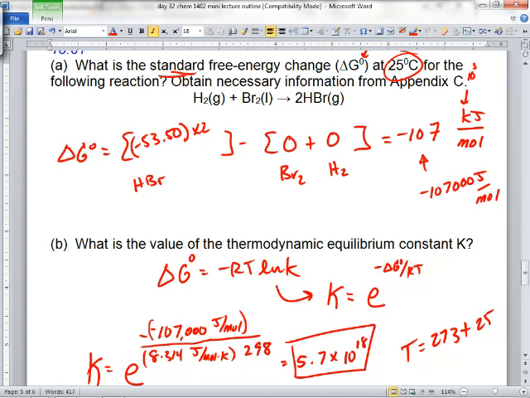What I did is I just forgot about the negatives because they're going to cancel out, right? So the 107,000, divide it by 8.314, divide it by 298, and then hit equal, and then you have to do shift e to the x. And it should work out. Now, if you have one of these big calculators that you didn't loan out, someone else has to help you here.